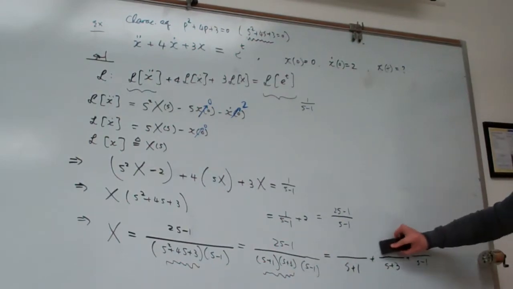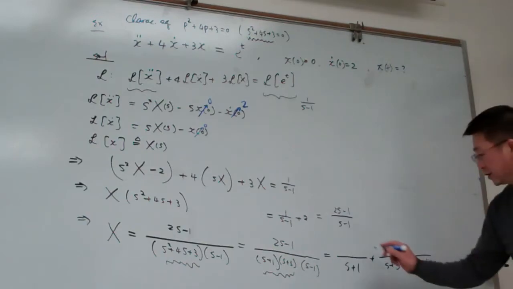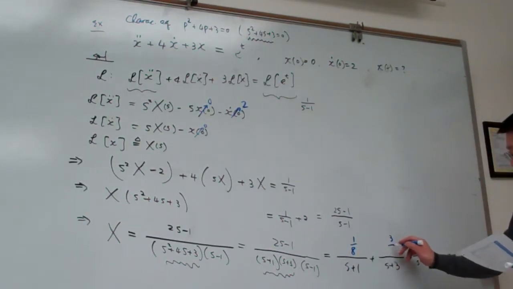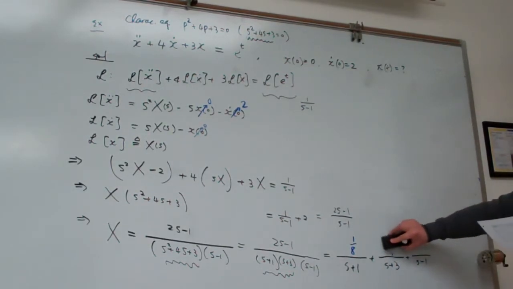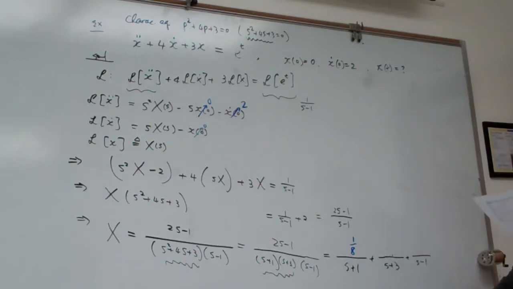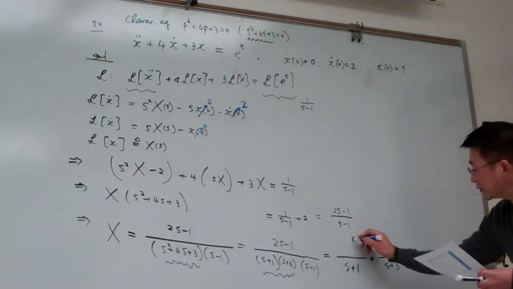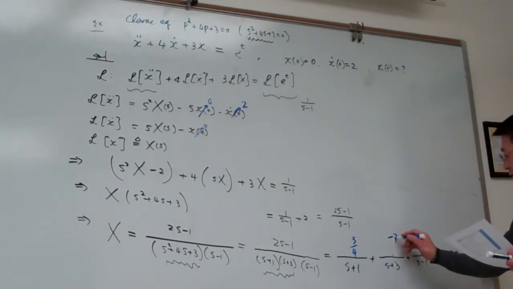Let me drop the details and directly give the numbers here. That is 1, 8, 3, 4. Sorry. What I'm doing here: at s plus 1 it is 3, 4, and at s plus 3 it is minus 7.